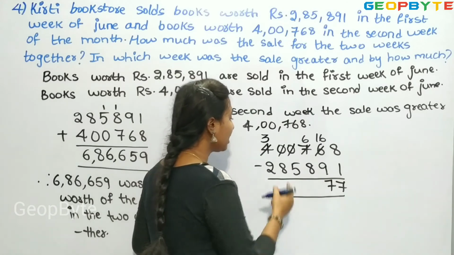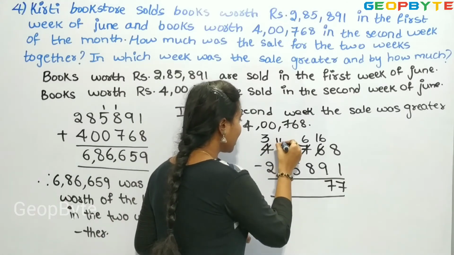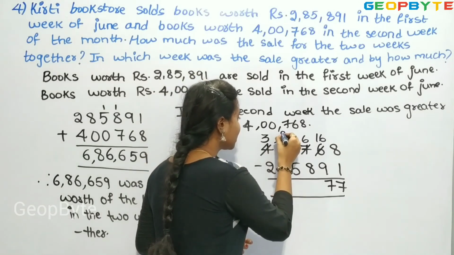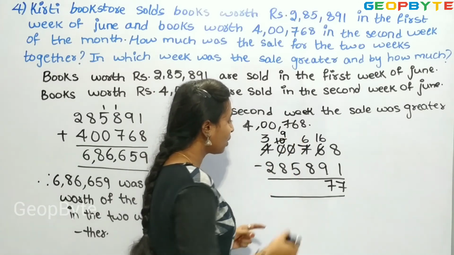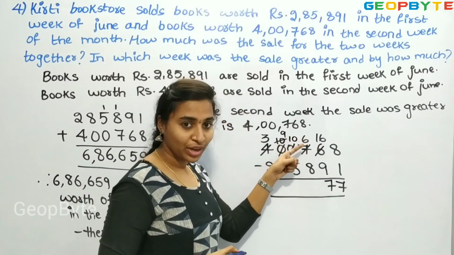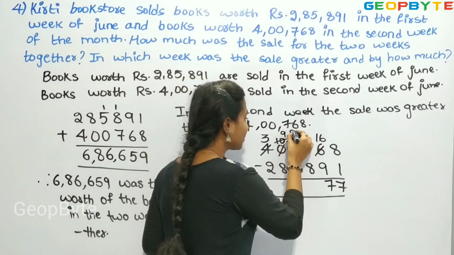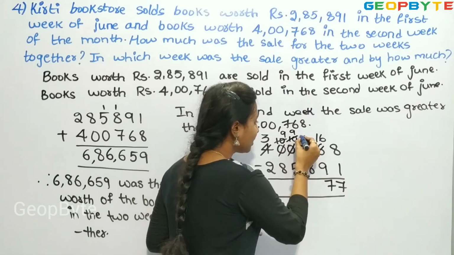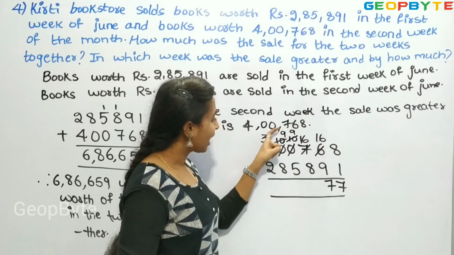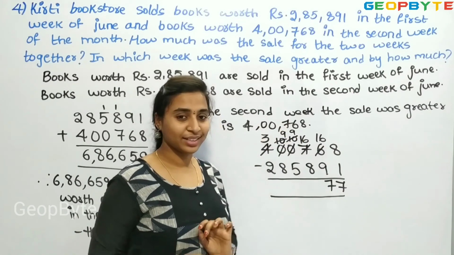4 becomes 3. 0 becomes 10. Again we need to borrow. So again 10 becomes 9. Now this 0 becomes 10. Again we need to borrow here. So this 10 becomes 9. Now this 6 becomes 16. We borrowed here and then here and then here.